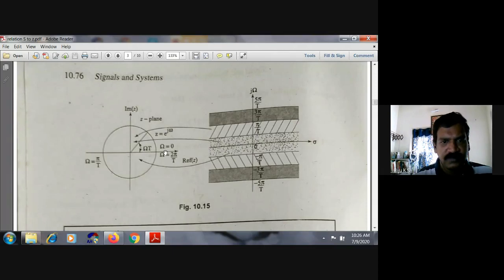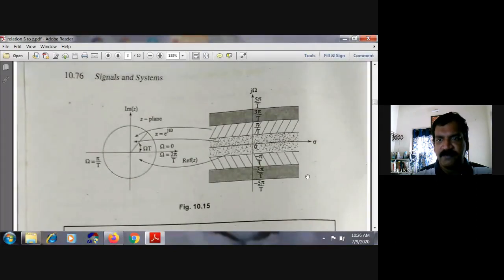First omega is 0 at this position, and as omega increases, it moves in the anti-clockwise direction. When omega reaches pi by t it is here, and 2 pi by t is again the same direction. So it is periodic, and it will be repeated every 2 pi by t period.